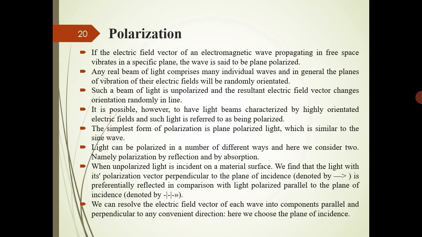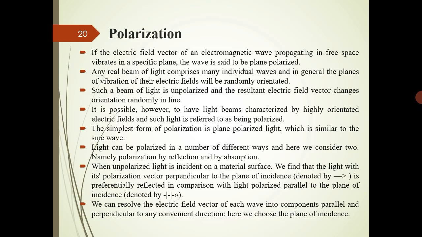Any real beam of light comprises many individual signals, and in general the planes of vibration of their electric fields are oriented randomly. Such a beam of light is unpolarized. Altogether, the resultant electric field vector changes its orientation randomly.